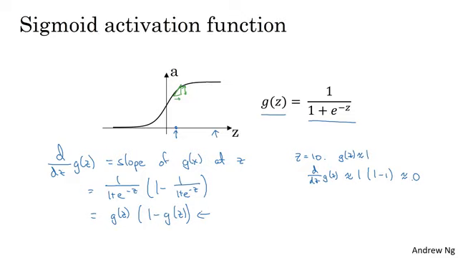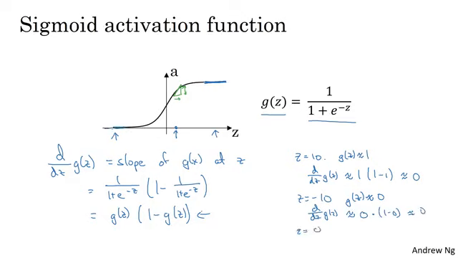And this is indeed correct because when z is very large, the slope is close to 0. Conversely, if z is equal to minus 10, so say it's way out there, then g of z is close to 0. So the formula on the left tells us d dz g of z will be close to g of z, which is 0, times 1 minus 0. And so this is also very close to 0, which is correct.